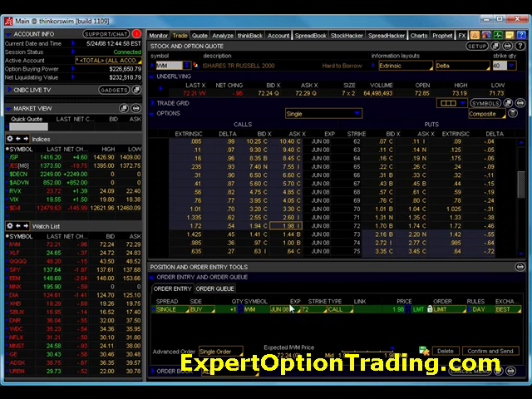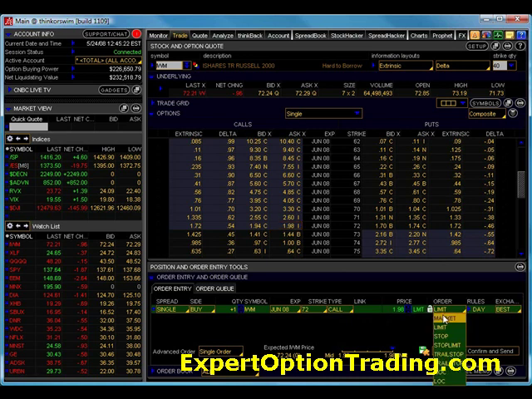That's the date it expires, in June of 2008. The strike price is 72. It's a call, which means that we will profit if the underlying index goes up in price, for $1.98, which is the current price. And it's a limit order. In other words, it's an order that we don't want to pay more than $1.98.